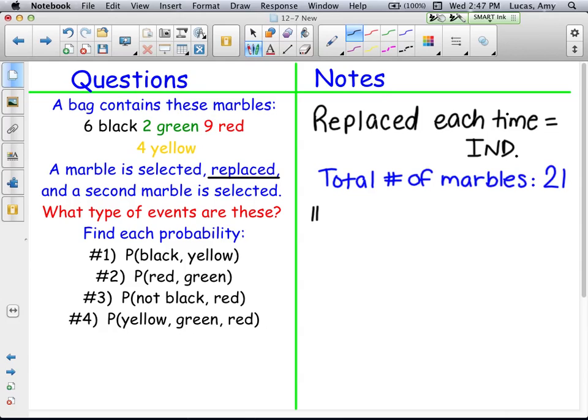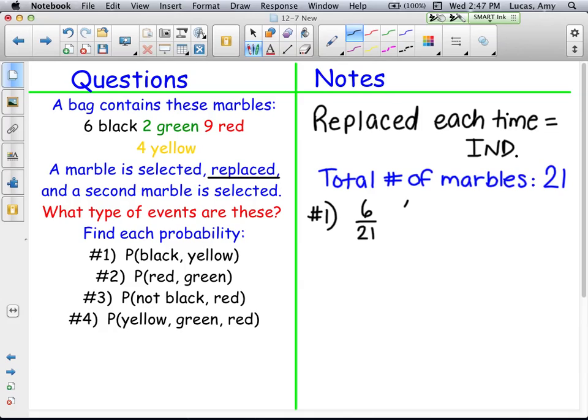So number 1, the probability of black and then yellow. Well, there are 6 black marbles. So 6 black marbles out of 21. That would be the probability if I draw one out, that it would be black. Then remember, I'm putting it back in the container. So there are still 21 marbles. The second event we're looking for is yellow.